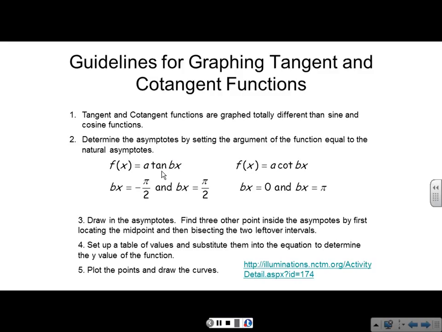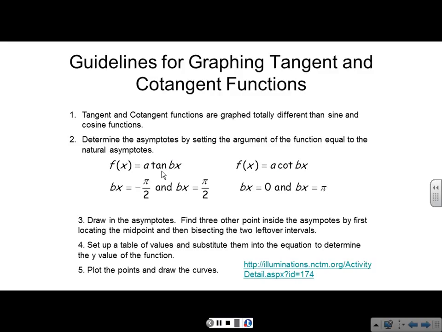So for cotangent, you have your A, which is going to be the coefficient in front of your trig function. You have B, which is going to be the coefficient of your angle, and now cotangent's natural domain is going to be from 0 to pi.